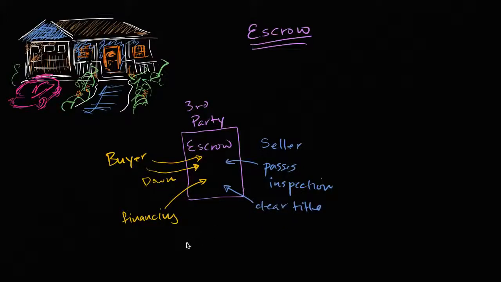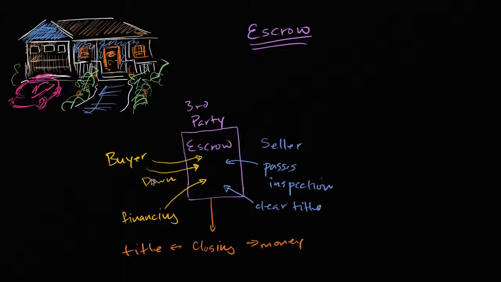So then on the closing day, that day is actually the closing of escrow. On the closing day, this third party says, okay, everybody has met their obligations. I am going to give the seller the money, and I'm going to give the buyer the house, or we could say the title to the house.